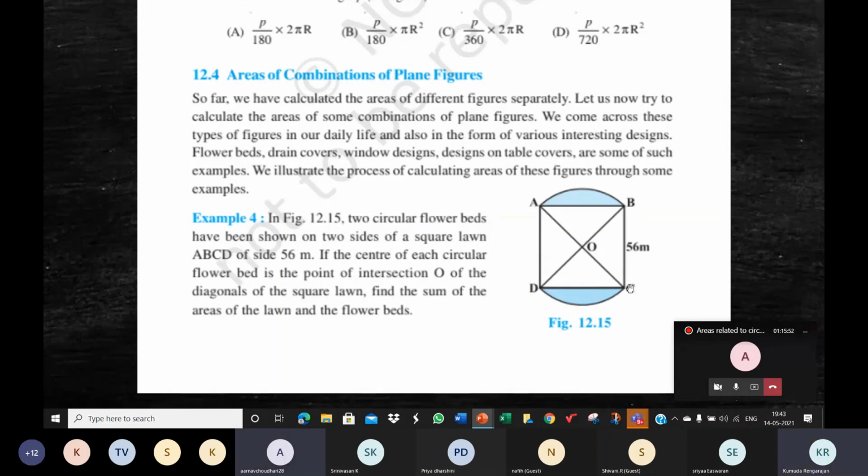If this were the semicircle, then CD is the diameter, and the center O should lie on the diameter CD. Well, it doesn't lie on it, it's away. It's here, which means CD is not a diameter, it's only a chord.